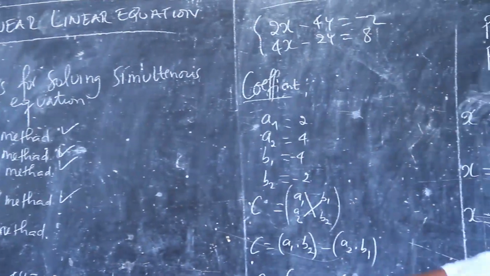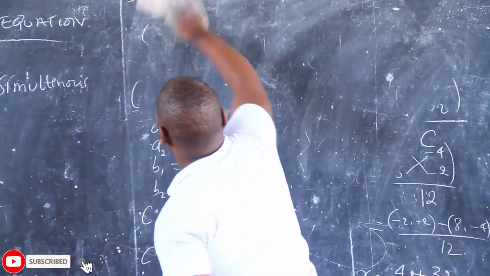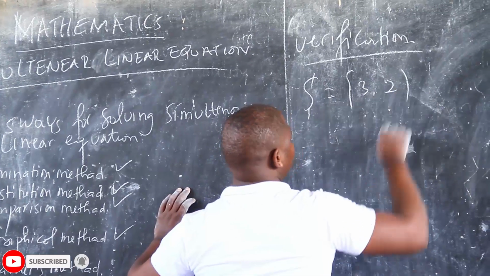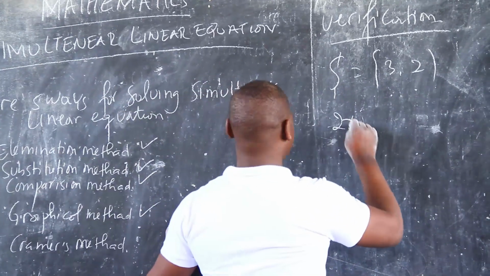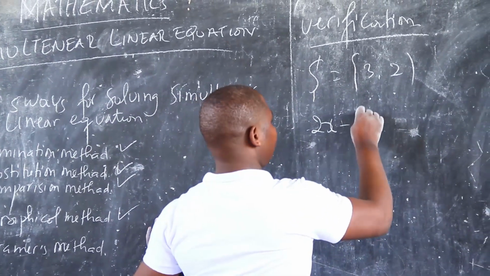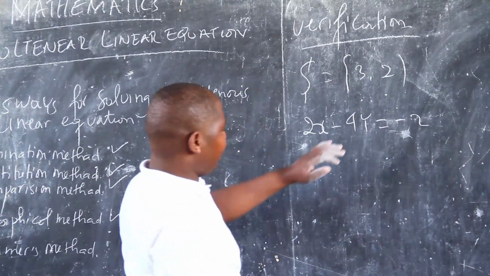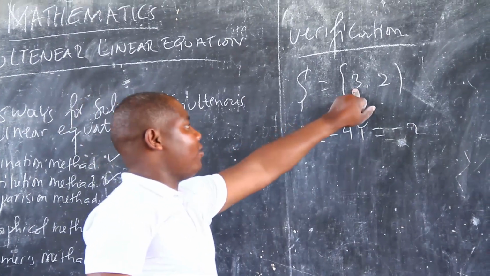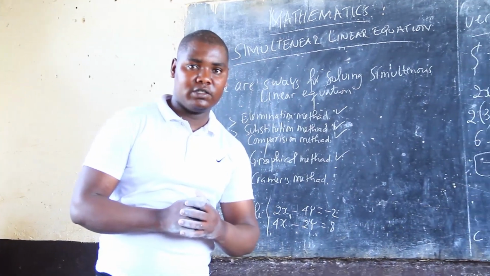Verification is the last way that can confirm the answer. Let us take one of these equations, 2x minus 4y equal to negative 2. If I take the value of x and the value of y, then I thank you very much today.